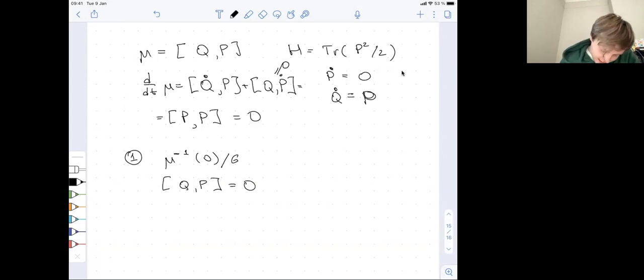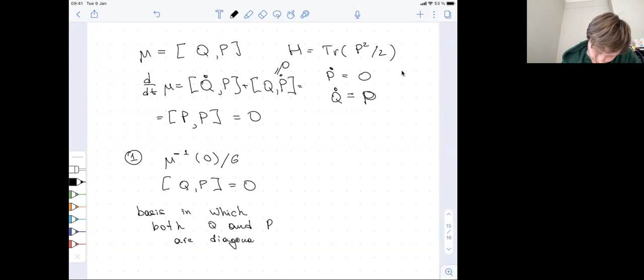It means that there is a basis in which both Q and P are diagonal, right? And since I have this quotient by the group action, I can consider my system up to conjugation by any matrix.